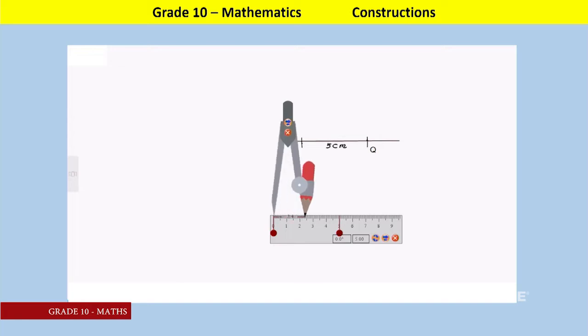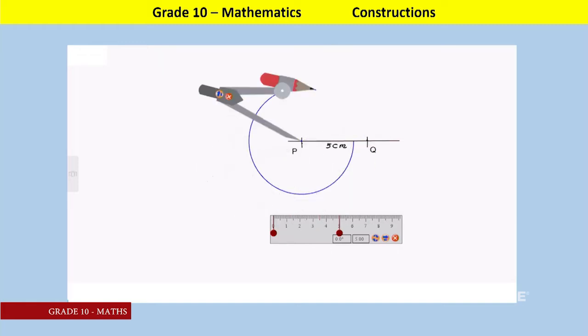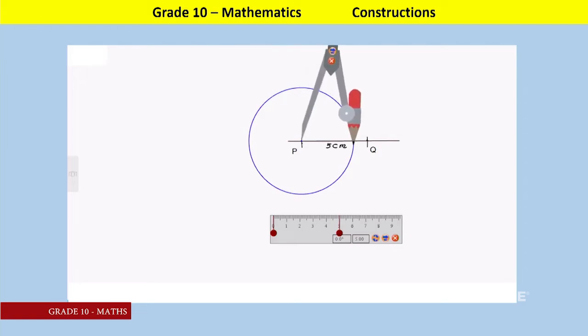Next, let's find the locus 4 centimeters away from P. So that is a circle. The radius is 4 centimeters. Remember to mark the radius as 4 centimeters.